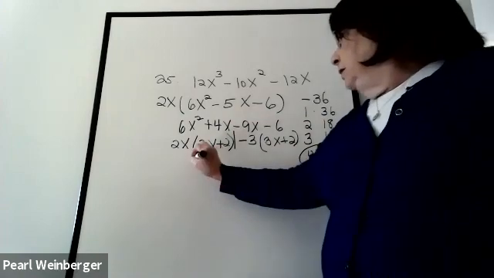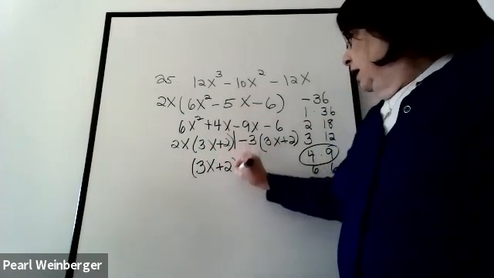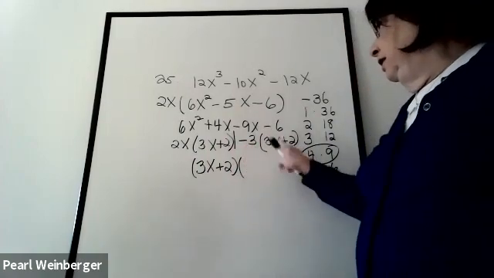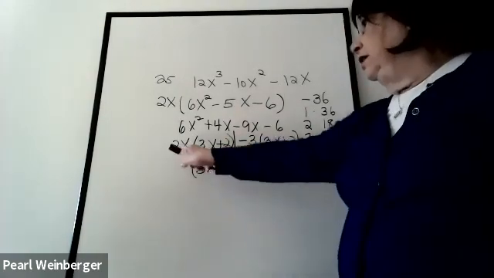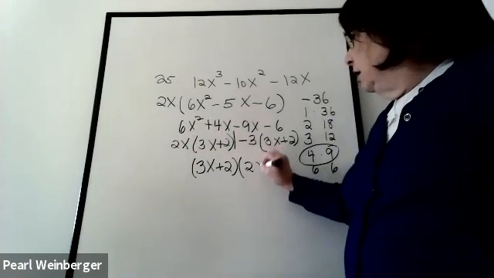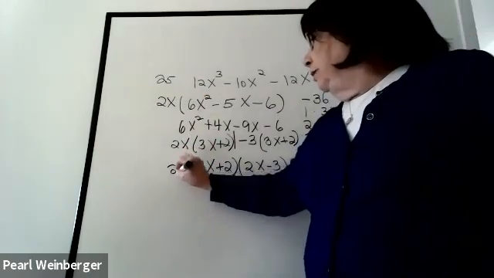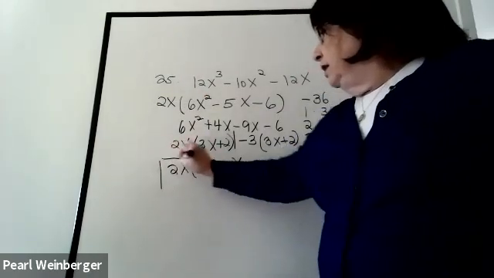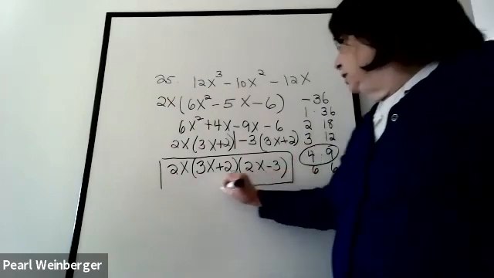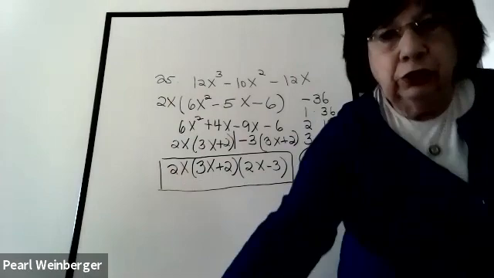So this becomes 3x plus 2 in one parentheses, because that's what's in our two parentheses. And then the outside is 2x minus 3. Don't forget there was this 2x from before. So this is the complete factorization of number 25. Any questions about that?